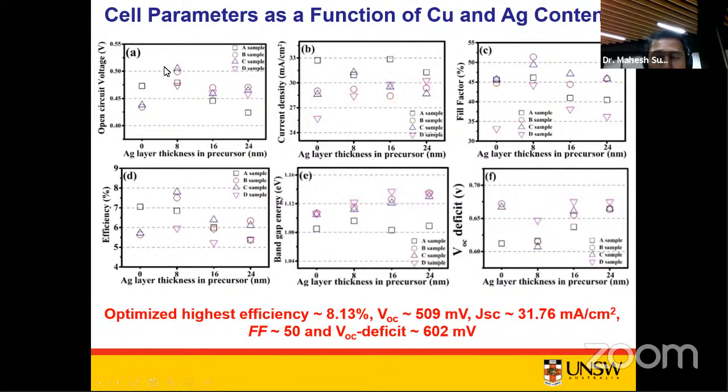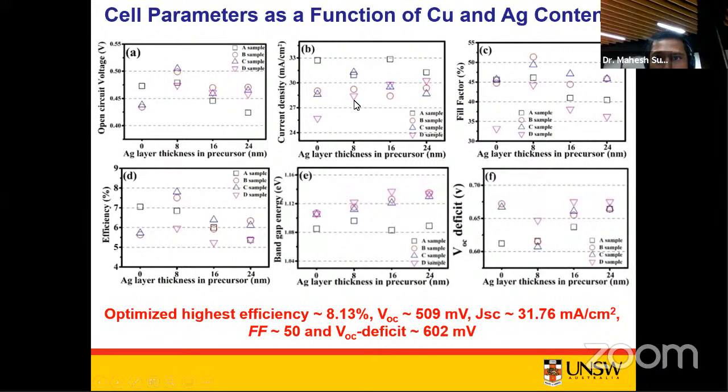So you can see that the VOC, fill factor, and PCE parameters of these silver-substituted CZTSSe thin film solar cells increase initially with the thickness of the Ag layer from 0 nanometer to 8 nanometer. Then it decreases with a further increase in the Ag thickness, which is about 16 and 24 nanometer, except for the JSC, because there is a trade-off relation between the thickness of the Ag layer and the current density.